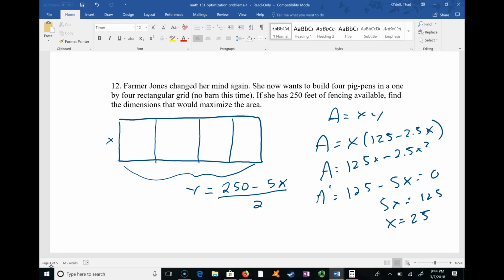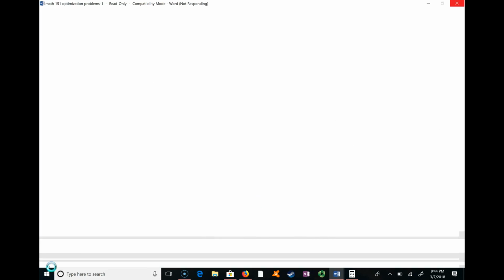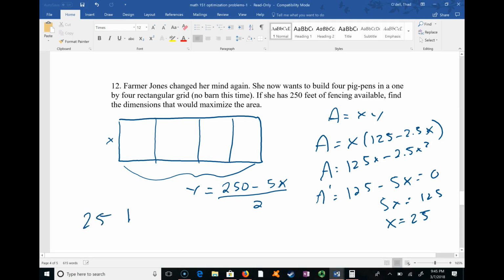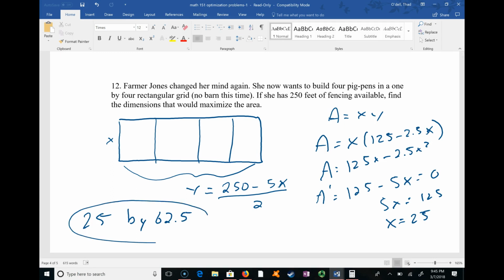And I can put 25 in here, which would be 125. 250 minus 125 would be 125. And divide that in 2. And I get 62.5. So the dimensions would be 25 by 62.5. That would be the dimensions of the biggest pig pen she can make.